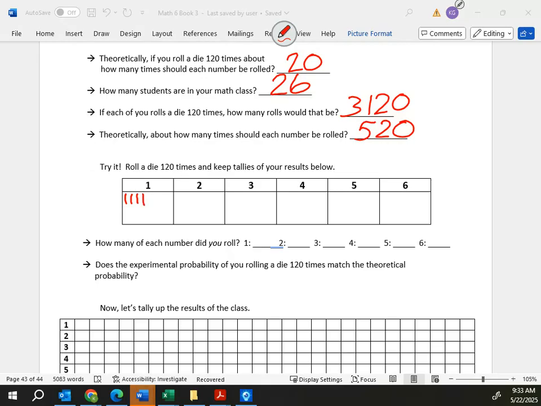What makes it easy is, when we get to the 5 with our tally marks, you go across like that. It makes it easy to count by 5, so we're not going blind, crossing our eyes, counting all those individual tally marks. So when you get 4 tally marks, put the 5th one going across. And then you can just count by 5s to make sure you have 120 dice rolls.